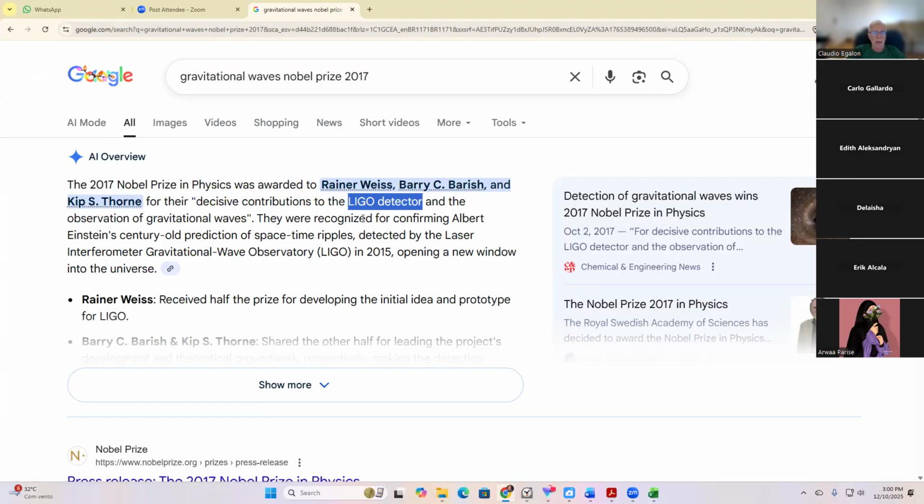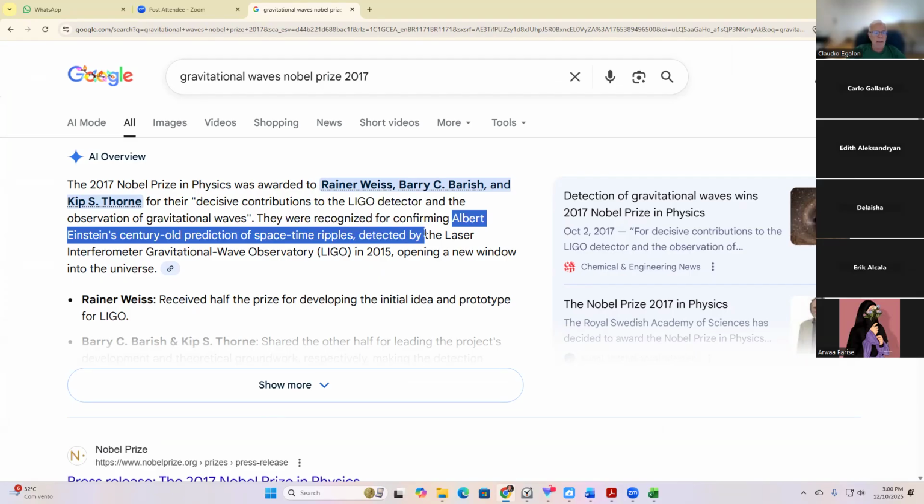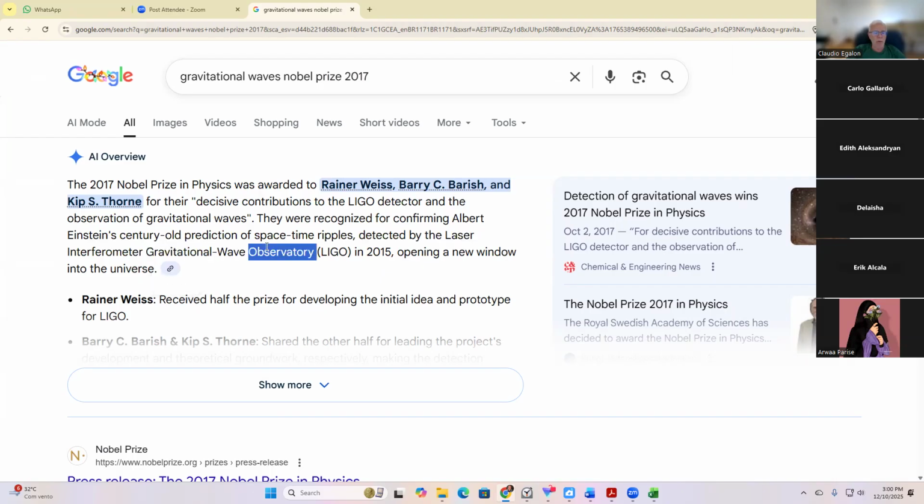They were recognized for confirming Albert Einstein's century-old prediction of space-time ripples detected by the Laser Interferometer Gravitational Wave Observatory. LIGO stands for Laser Interferometer Gravitational Wave Observatory.